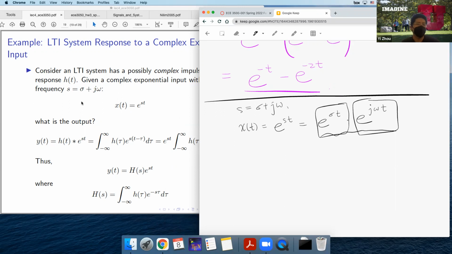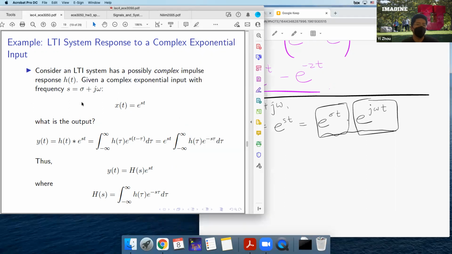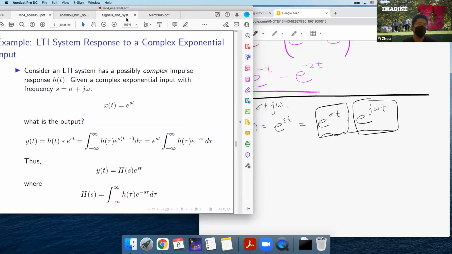Okay, now we feed this complex exponential to the LTI system. Now, what is the output? Very simple, we just follow the convolution rule. Because it's an LTI system, the output is given by the convolution between h, the impulse response of the system, and the input signal.